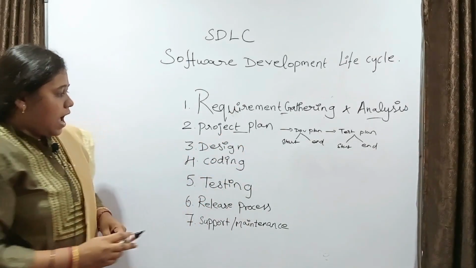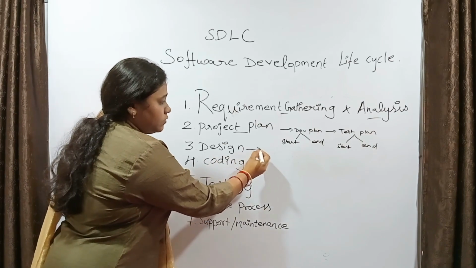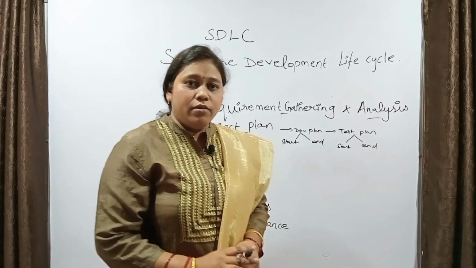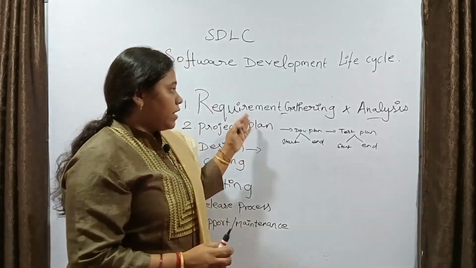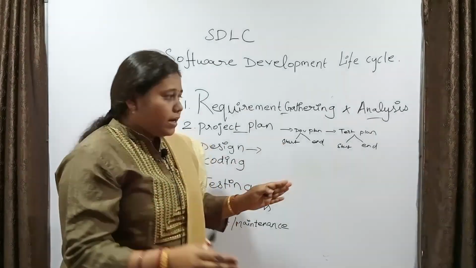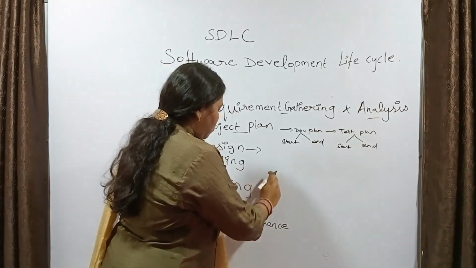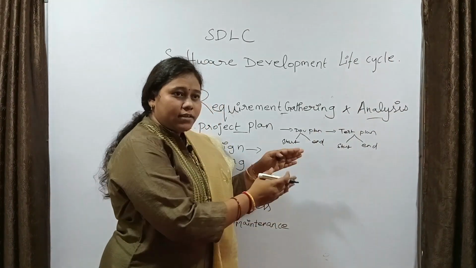Coming to the third step, this is the design. For example, say you are building your home. You have gathered all the information and done the planning, like the blueprint. After this, you design your home: here is my hall, and this is my kitchen.